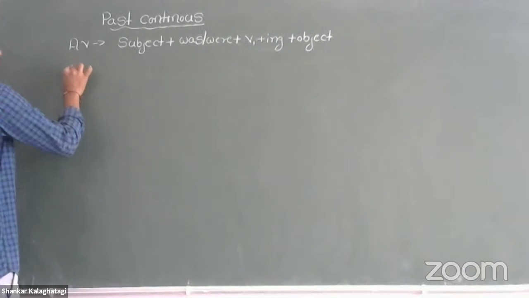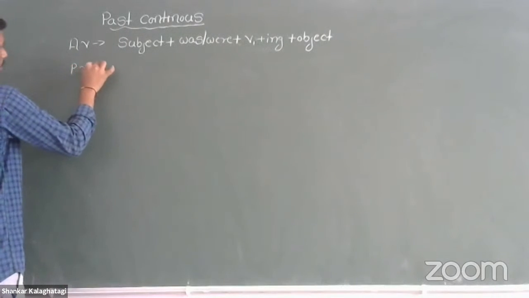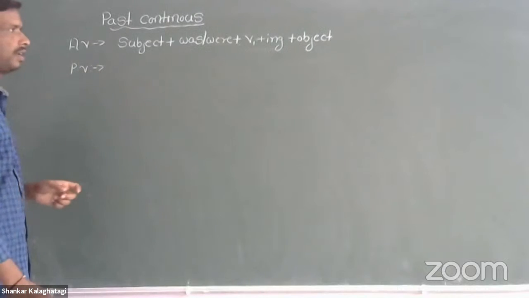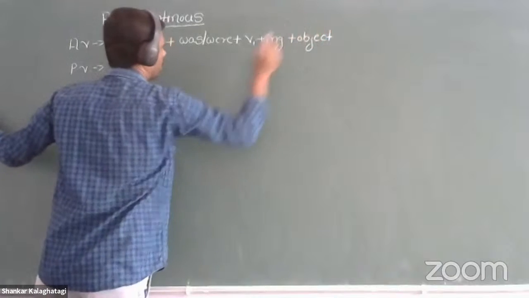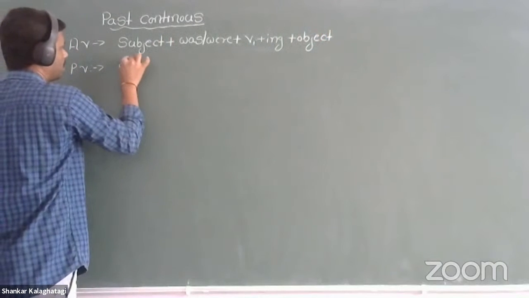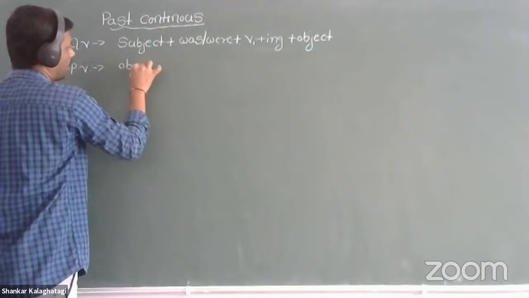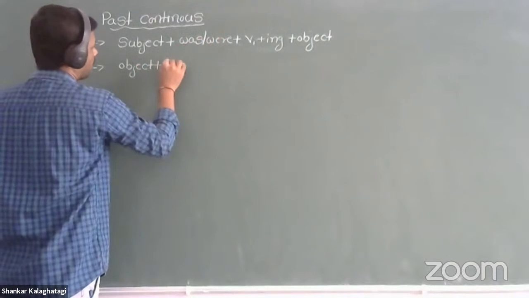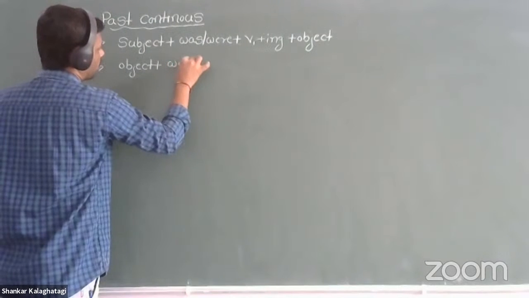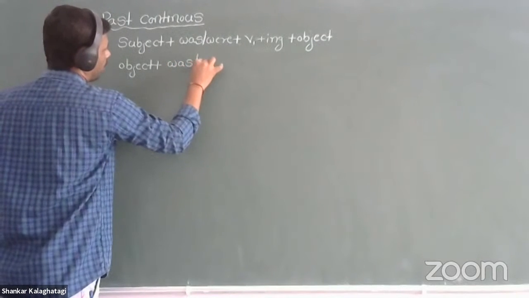Now go for its passive. Simple thing is, what we have to write first? We have to write the object first. Write object here. Later the helping verb we have to use, that is was or were.